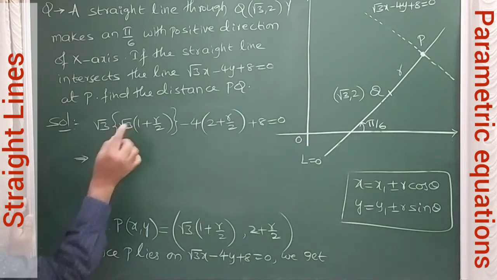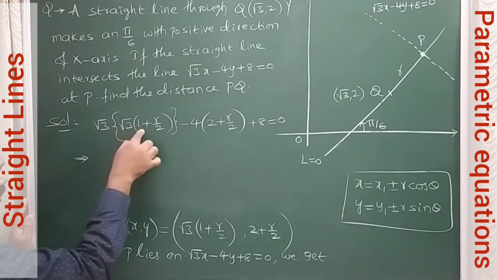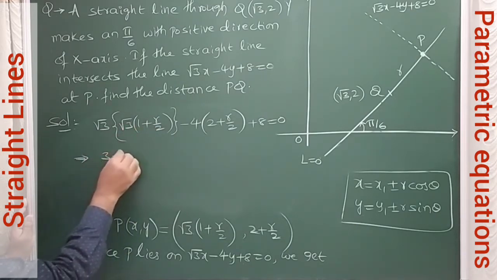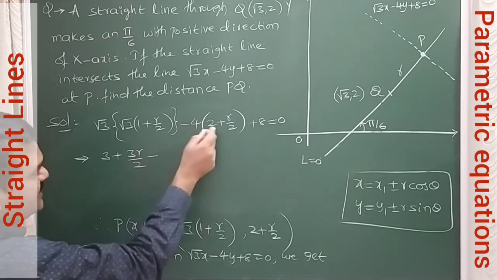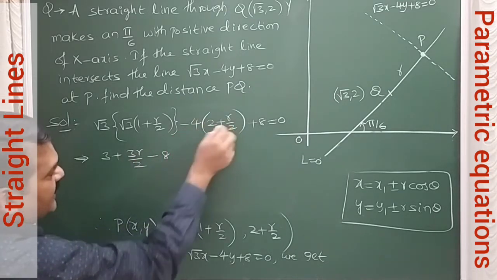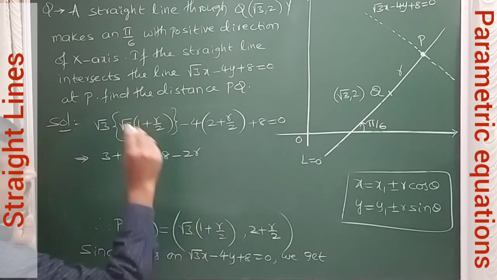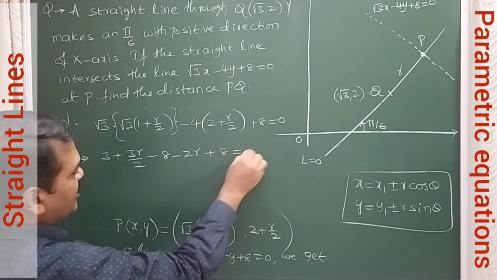Simplifying, root 3 into root 3 is 3, so 3 into 1 plus R by 2. So 3 plus 3R by 2 minus 8 minus 2R plus 8 equals 0.